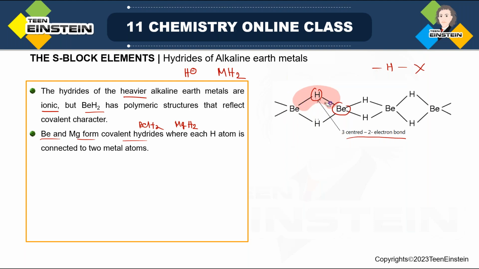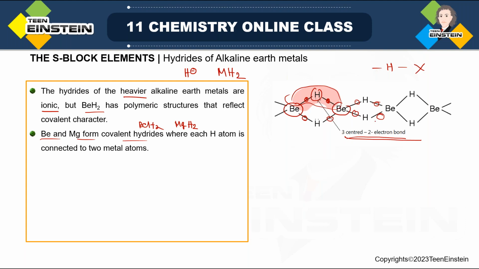It is not the right way to draw the structure. So 3 centers, and there are total 2 electrons, and these 2 electrons are as if hovering all over this region. That is why we call it a 3 center 2 electron bond. In this way, here also 3 center 2 electron, here also 3 center 2 electron.